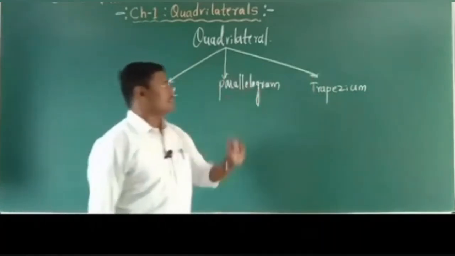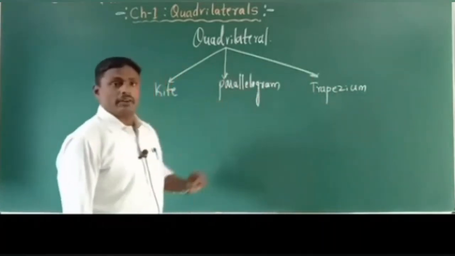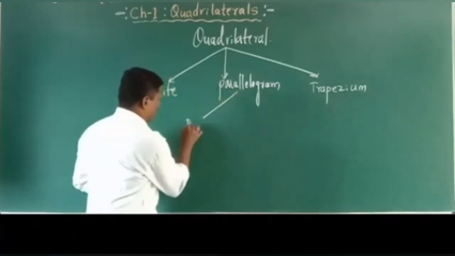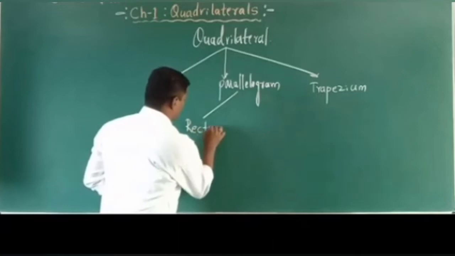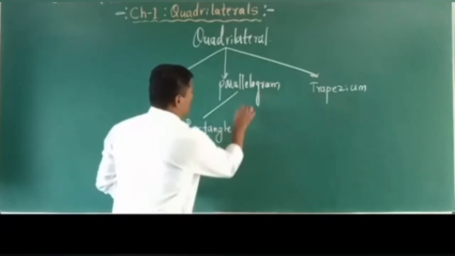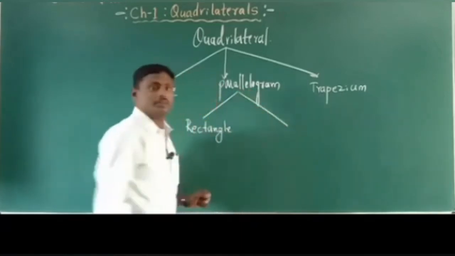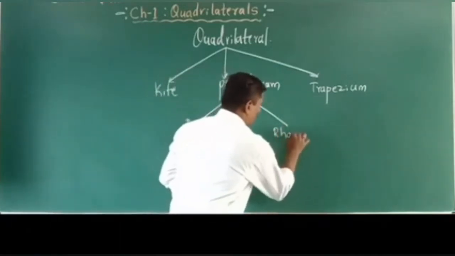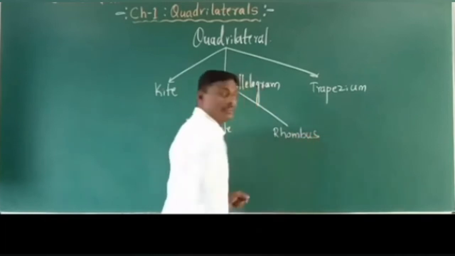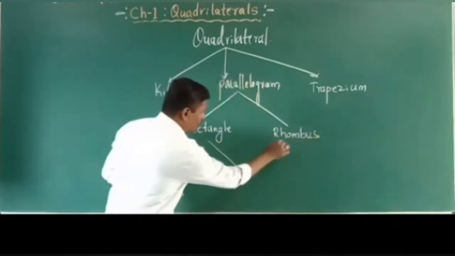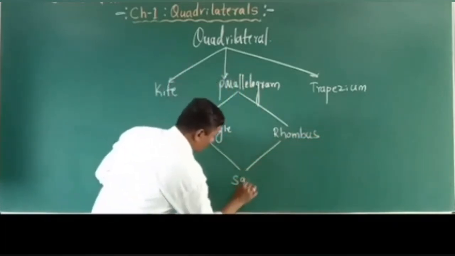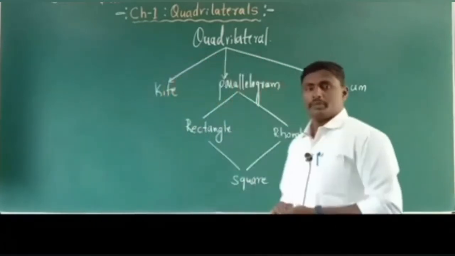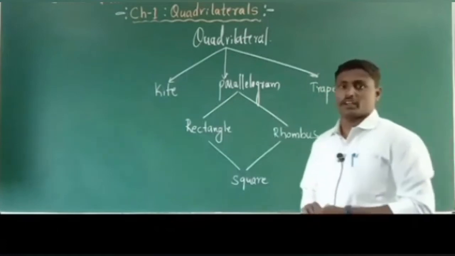So trapezium. This parallelogram again we are classifying as rectangle. Next, here rectangle, and one more is rhombus, and these two are square, right? This is the basic classification of the quadrilateral.